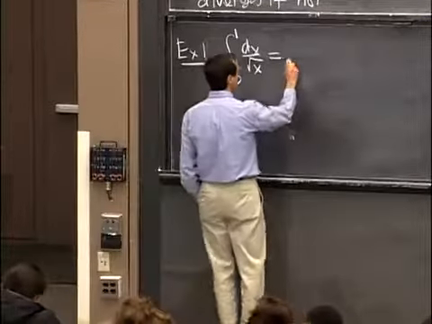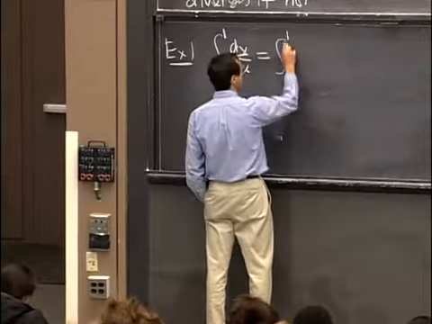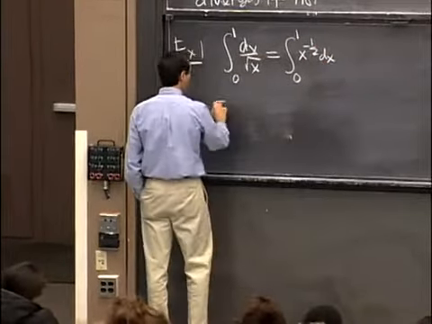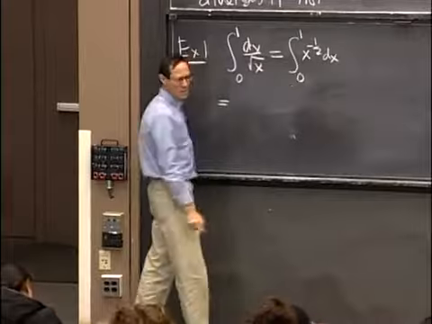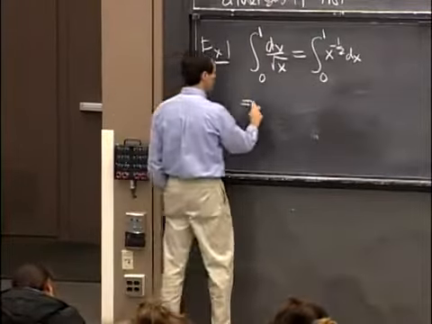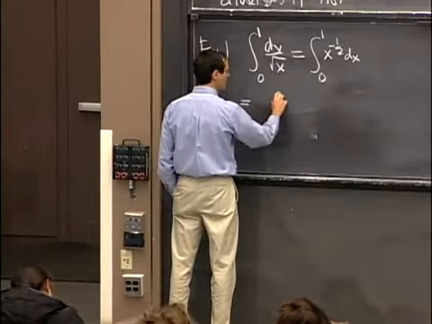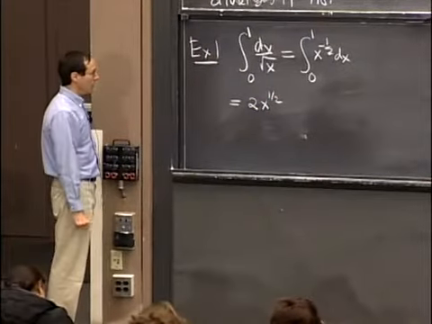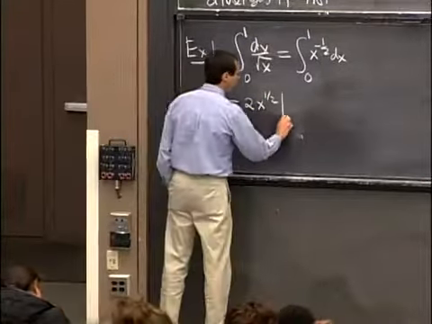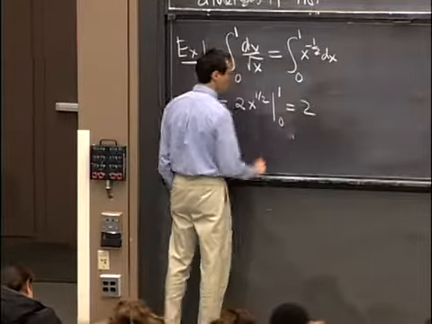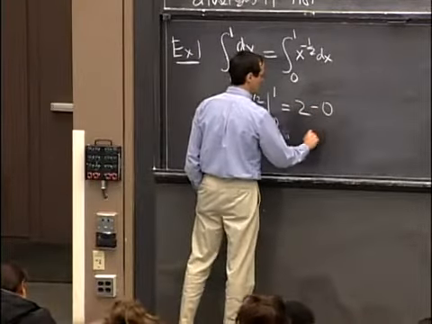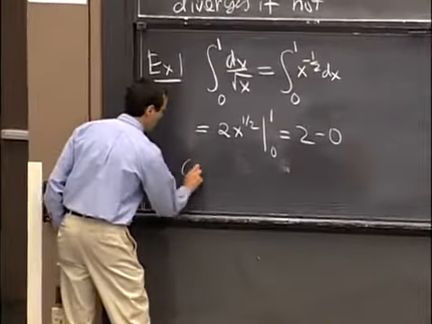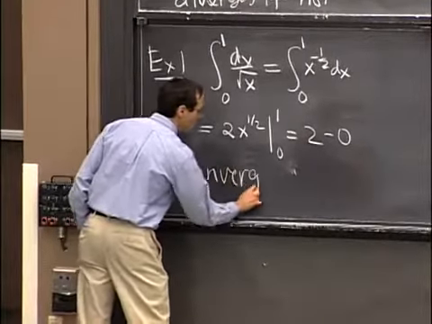But if you evaluate it, first of all, we always write this as a power, right, to get the evaluation. And then I'm not even going to replace the 0 by an a. I'm just going to leave it as 0. The antiderivative here is x to the 1/2 times 2. And then I evaluate that at 0 and 1, and I get 2 minus 0, which is 2. All right, so this one is convergent. And not only is it convergent, but we can evaluate it.